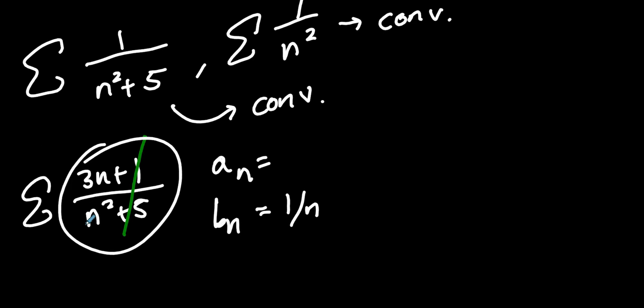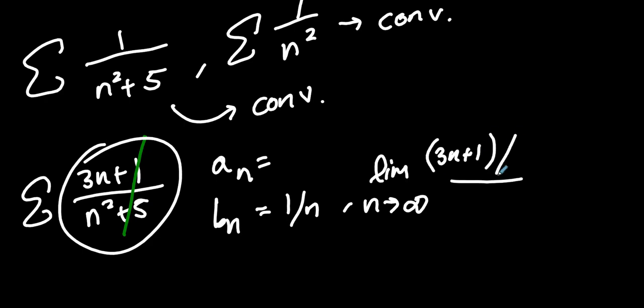So for this calculation, you just do the limit as n approaches infinity of a of n, which is the original, so 3n plus 1 divided by n squared plus 5, and then you divide it by 1 over n. And if you compute this limit, you get 3. So this means that since the harmonic series diverges, this series in particular diverges.